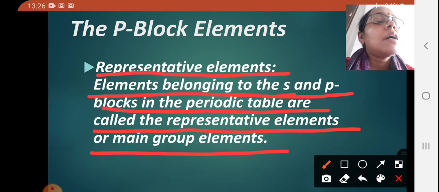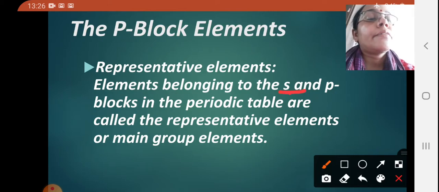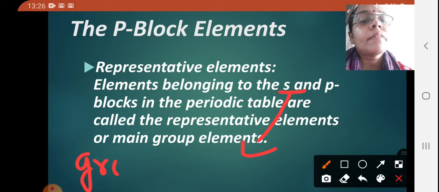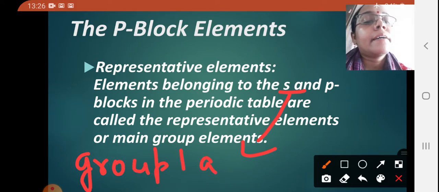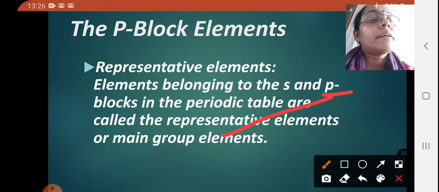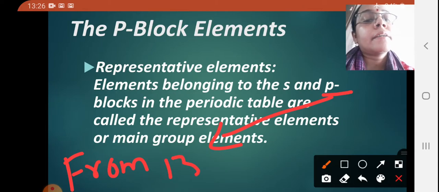S block elements belong to group 1 and 2, and P block I have explained just now, from 13 to 18.